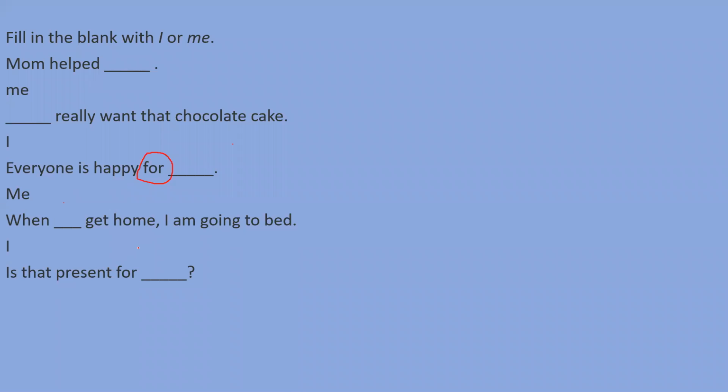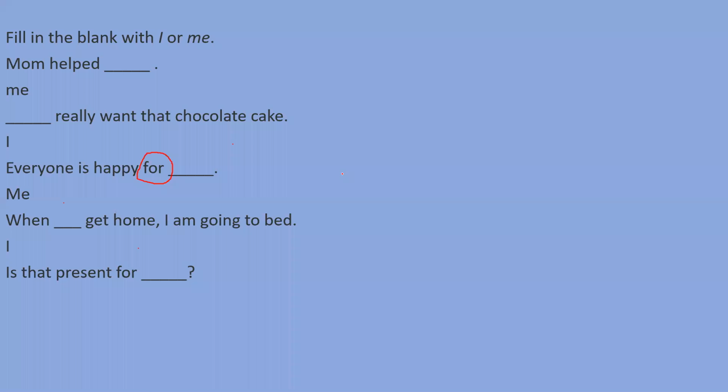Next, is that present for I or me? Which is right here? Yashvi, you please tell me which pronoun will come here. Yashvi, you are not audible. Please tell me which pronoun.